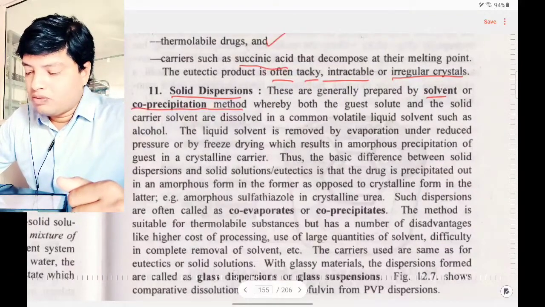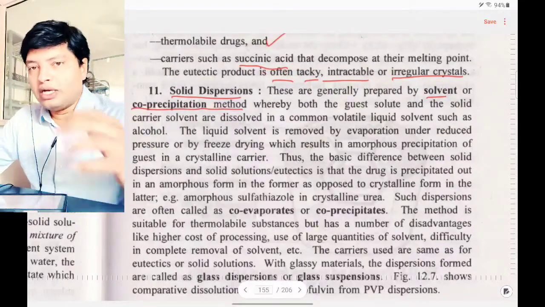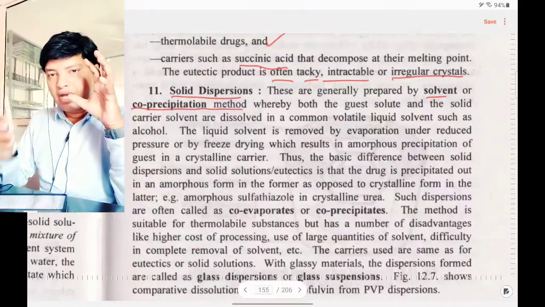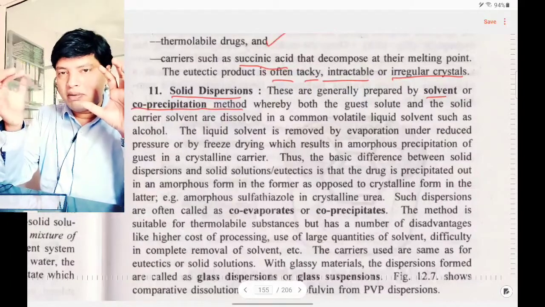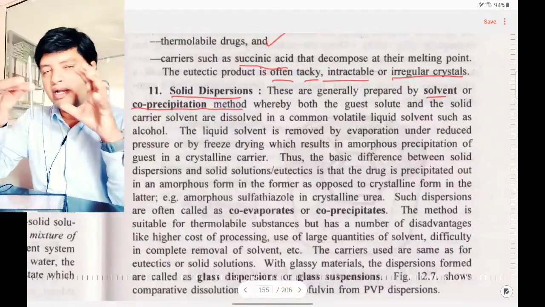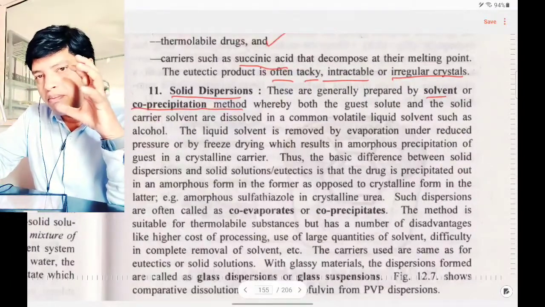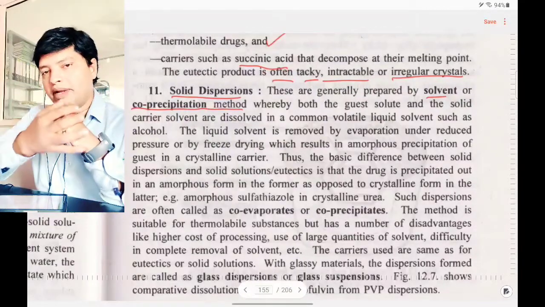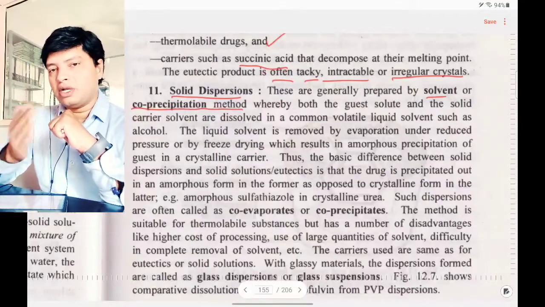So what does solid dispersion mean? One solid is there, the host molecule, and another solid is there, the guest molecule. Probably the guest molecule will be your drug and the host molecule is the polymer. When you mix them, a dispersion occurs, which we call solid dispersion.